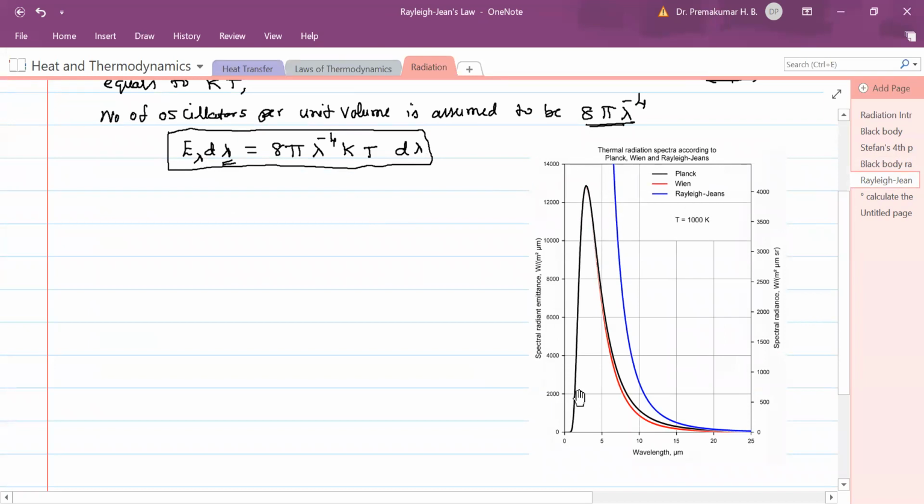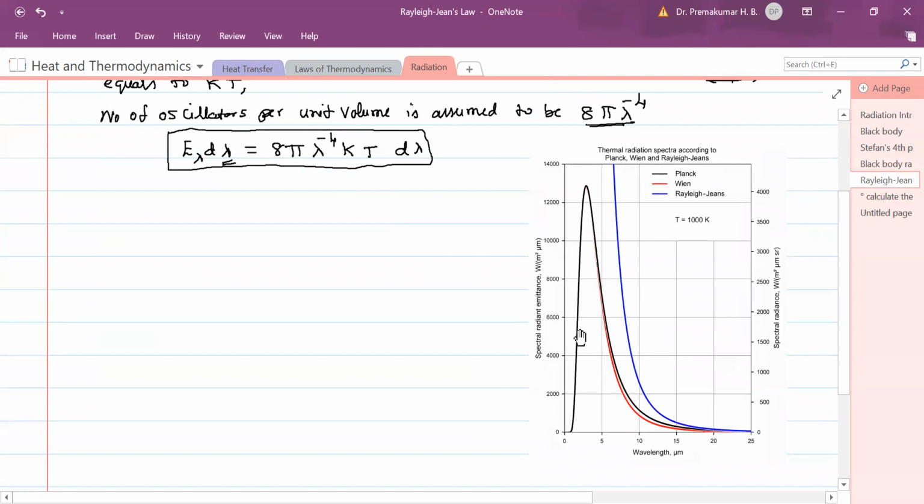At lower wavelength it goes like this, it rises extremely quickly, but then comes down. The curve moves towards lower energy as the wavelength increases. Only that higher portion we traced here.